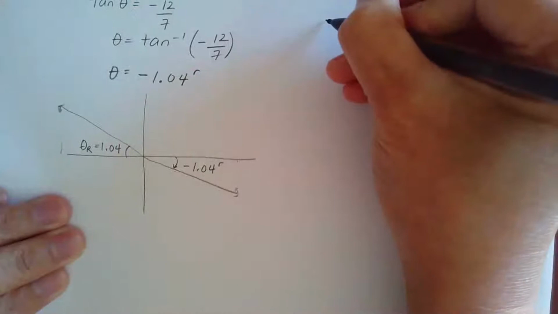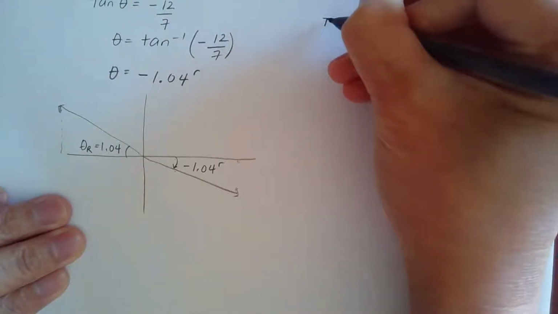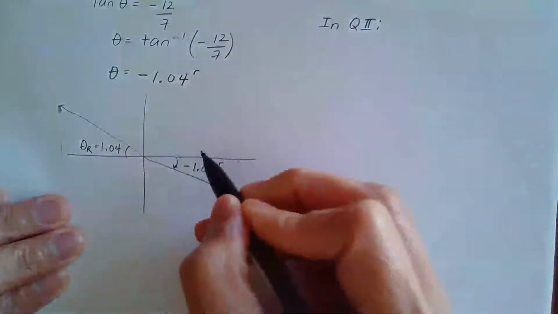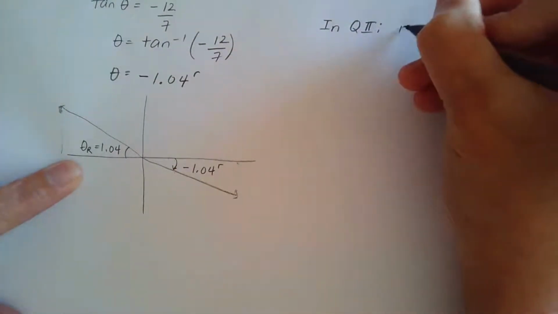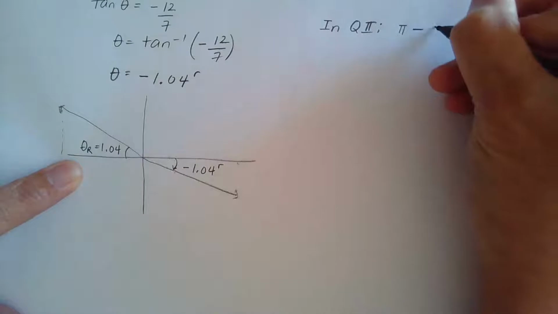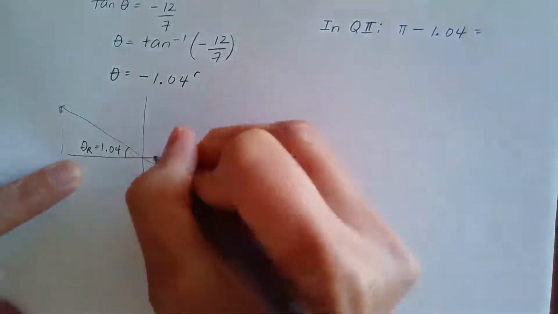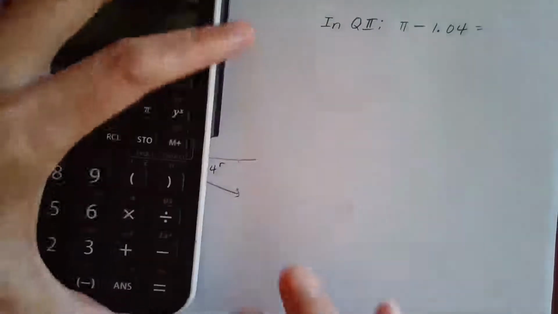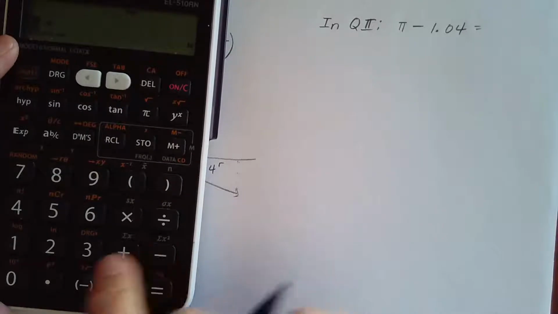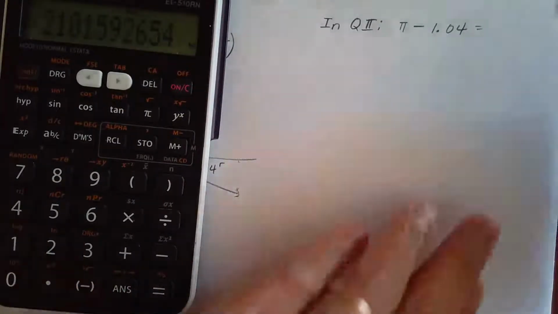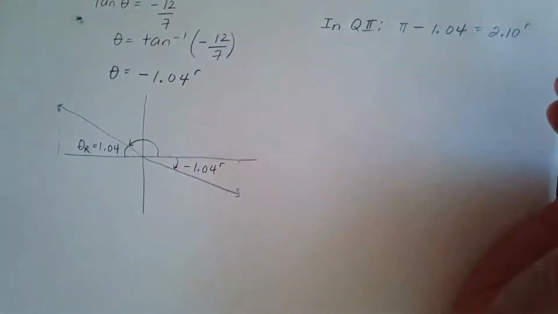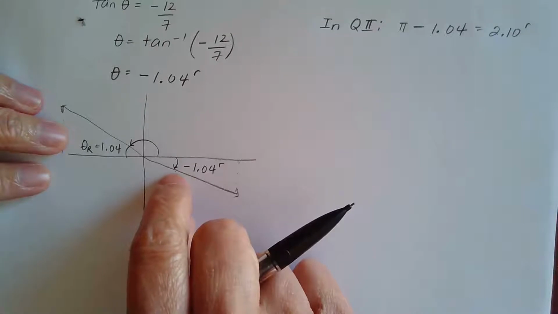So the solution in quadrant 2 is pi minus 1.04, and that will give us this angle this way. It's going to be 2.10 radians. And then the other one is negative this way.